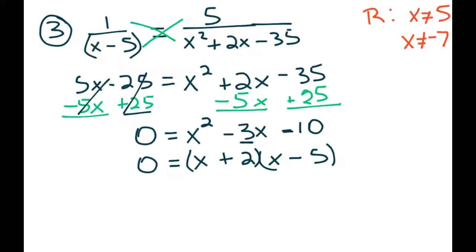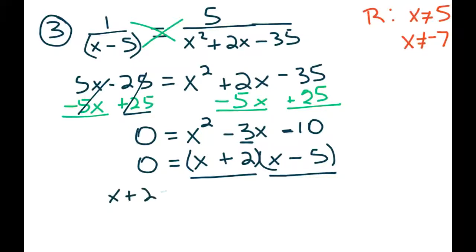Again, if you're not seeing how I do that, go ahead and pause, do whatever process you like, or use your calculator. Now, at this point, I have two factors. This times this equals 0, so one of those has to equal 0.